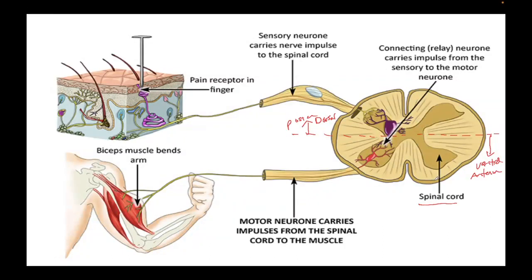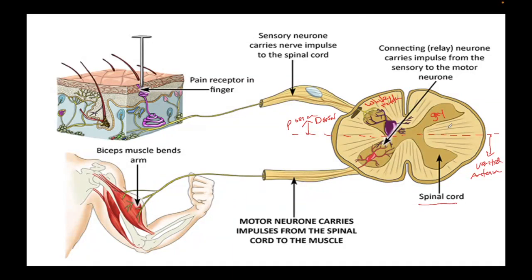Now, when you look at the center of that spinal cord, you see something that looks like a butterfly. The butterfly is gray matter, and everything around it is white matter.